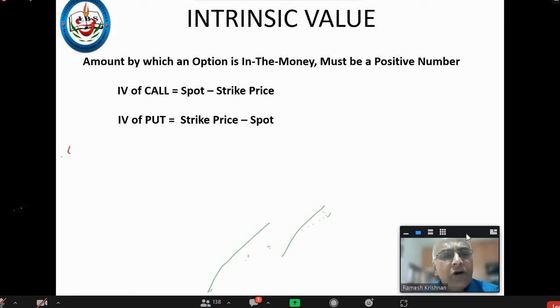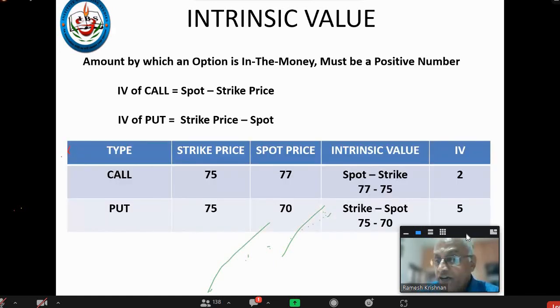Have I gone wrong, spot minus strike and strike minus spot? For a put option, strike price minus spot is the intrinsic value, and spot minus strike is the intrinsic value for a call. Anyway, I'll come back to you after the break if there is any doubt.